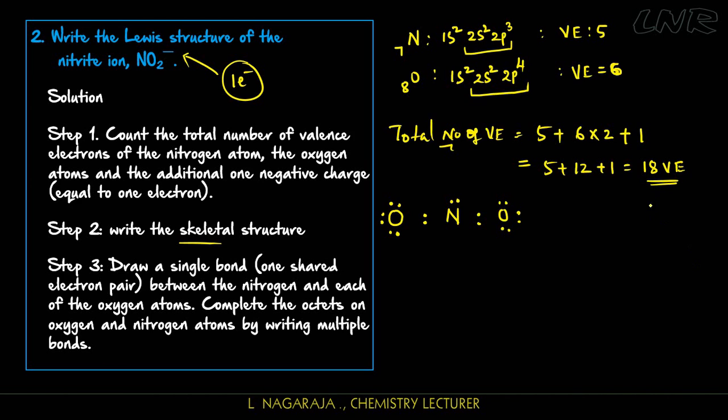That is, out of 18 electrons, 1 pair is written between each two atoms, and the remaining electrons are distributed to the end atoms, which in this molecule are the oxygen atoms. First we write 1 pair of electrons between the atoms, then the remaining electrons are distributed to the oxygen atoms, and the rest are written on the nitrogen atom.